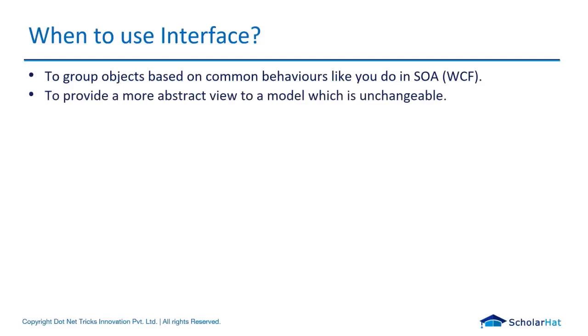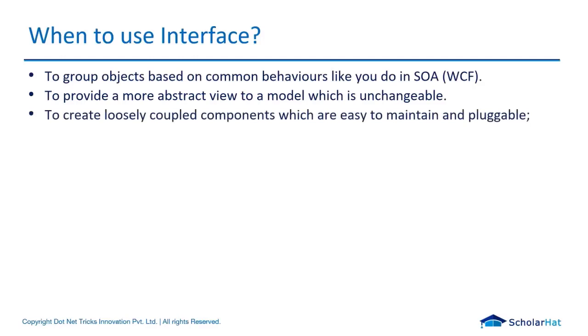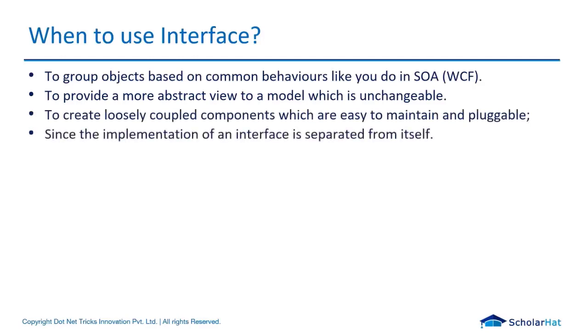To provide a more abstract view to a model which is unchangeable, you can use abstract classes, not forcefully, but yes, an interface too. To create loosely coupled components which are easy to maintain and pluggable, since the implementation of an interface is separated from itself. So let's get started, guys, to implement an interface practically.